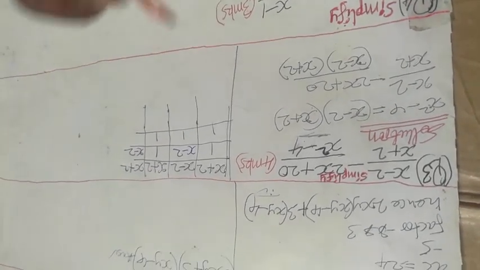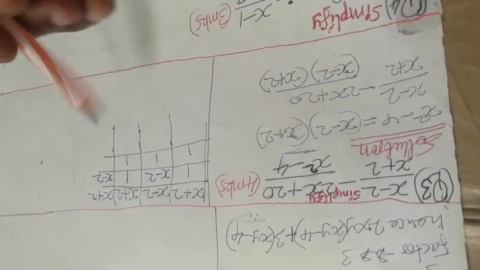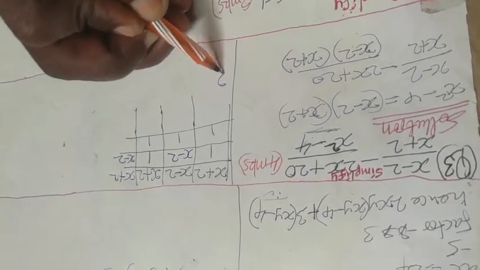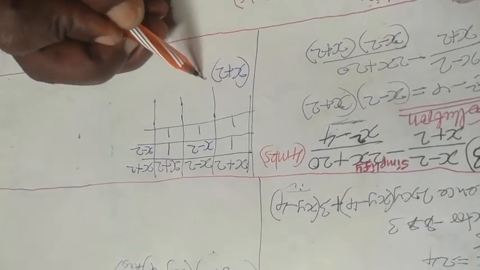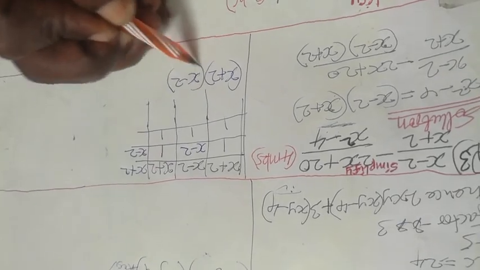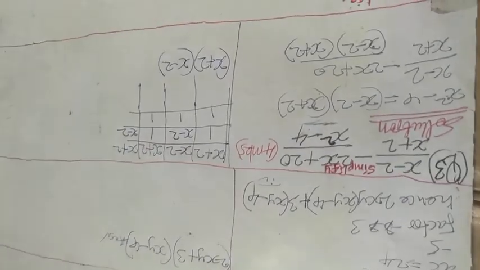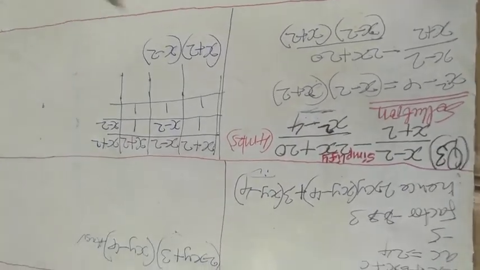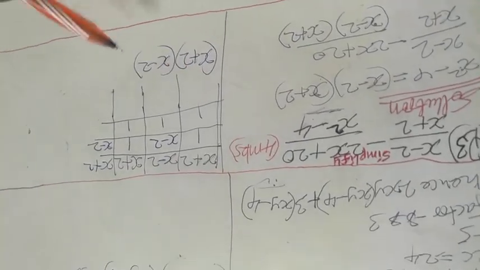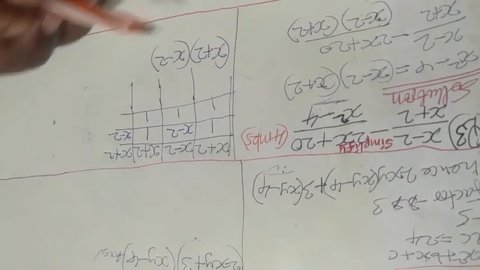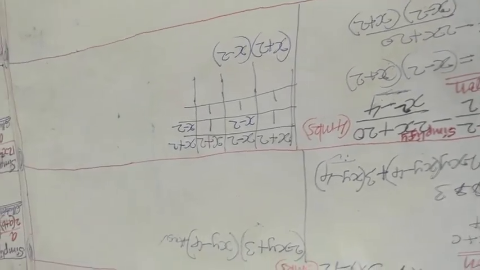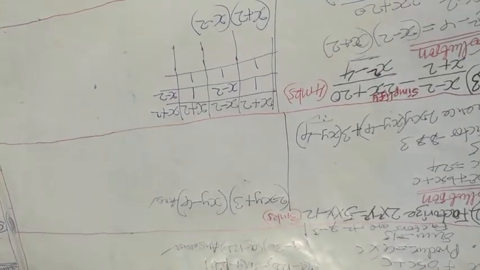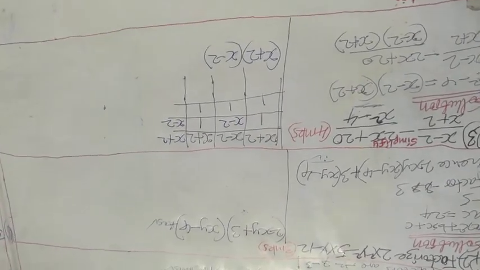Therefore, the LCM of the denominator will be x plus 2 into brackets x minus 2. This is the primitive way of finding the LCM. There are other ways, but I have done it this way so that we remind ourselves how to find the LCM.